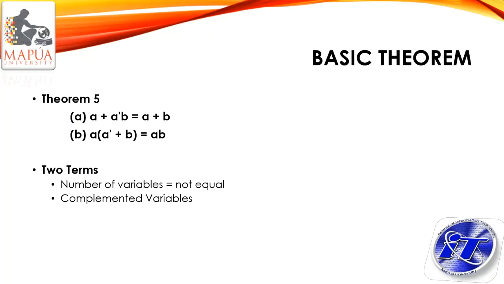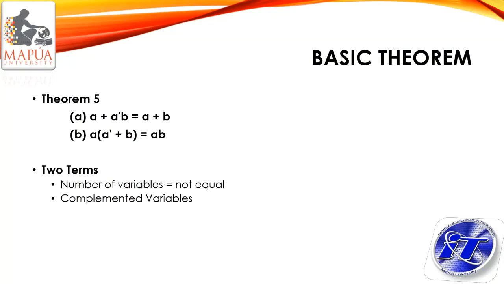So this is the difference between theorem 4 and 5: the complement variable in theorem number 5. So we have A. On the second term, we have the complement version, which is A naught. So therefore, theorem 5 could be implemented. A and its complement version are on the other term, which is A naught. Therefore, we could implement theorem number 5.